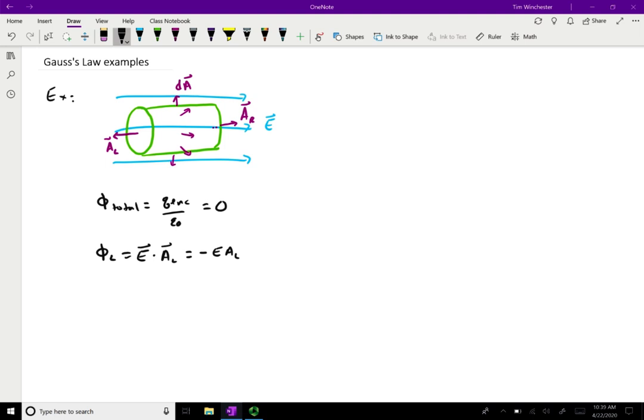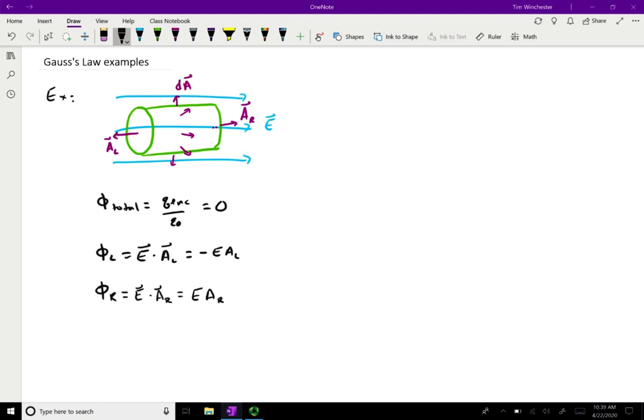There's a negative flux on that side. The area vector points outward, the electric field points inward, so a negative flux. Looking at the right-hand side, I'm still going to have E dot A, but this time it's the area vector for the right-hand side. Here, the electric field points to the right, the area vector points exactly to the right, and so we get positive E times A of the right-hand side.